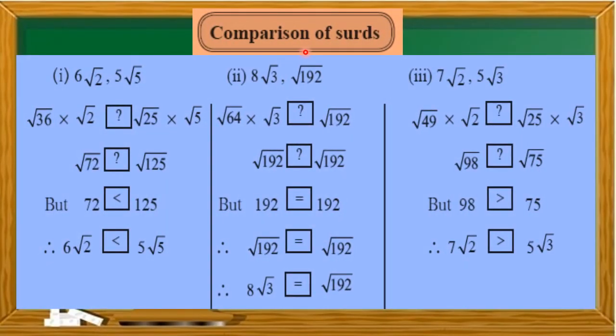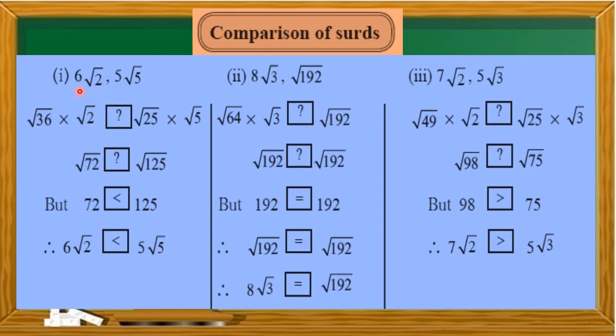Our next topic is comparison of surds. We will study this with the help of some examples. First example, 6 root 2 and 5 root 5. While comparison of the surds, the outside part should be taken in the square root.